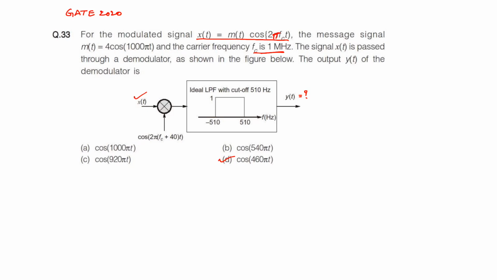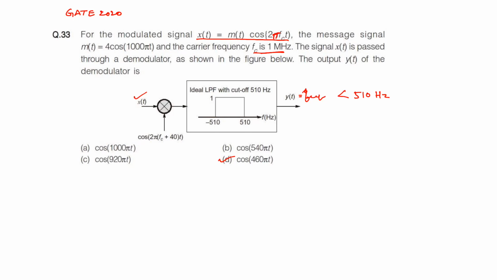So after manipulation, you have to find which frequency components are less than 510, so they will become the output y of t. Y of t will have only the frequency components less than 510 Hz. So we need to find that frequency component which exists at the output.